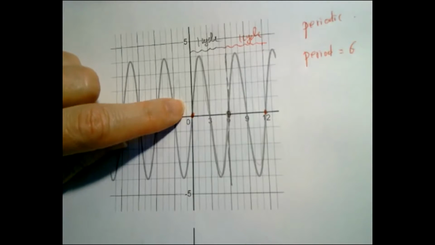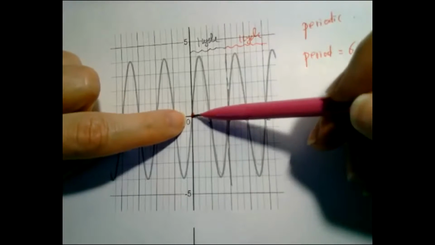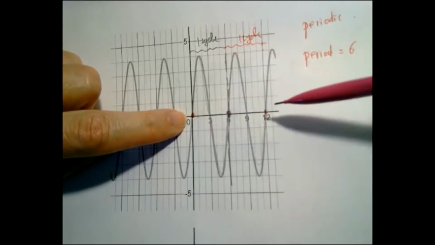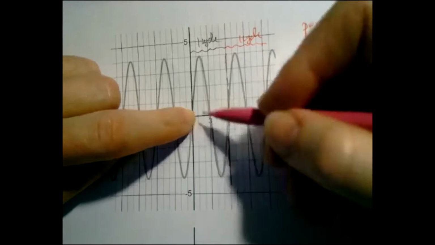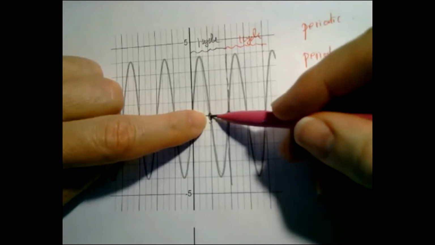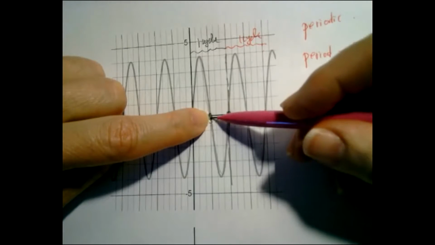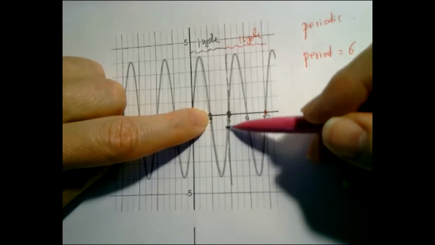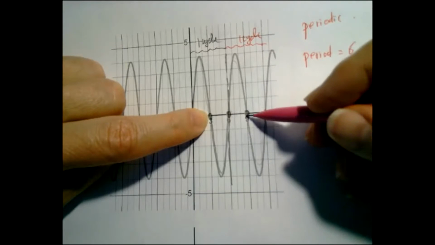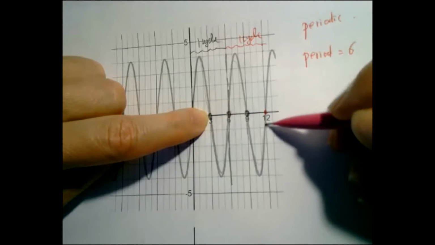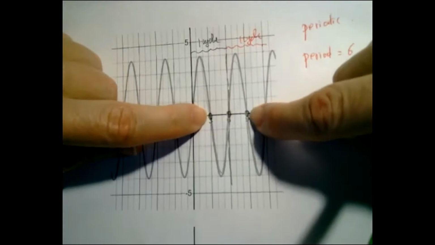Now, to find the period, let me make a comment. You don't have to start at 0. You can start anywhere and ask yourself how long it takes to repeat. For example, if I start at 3, I can go down, up, down. Then I realize that the graph starts repeating itself here. The period is from 3 to 9.